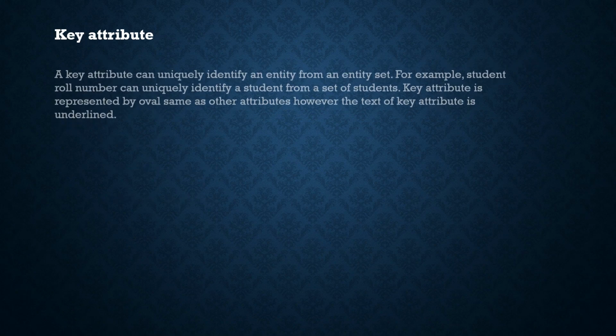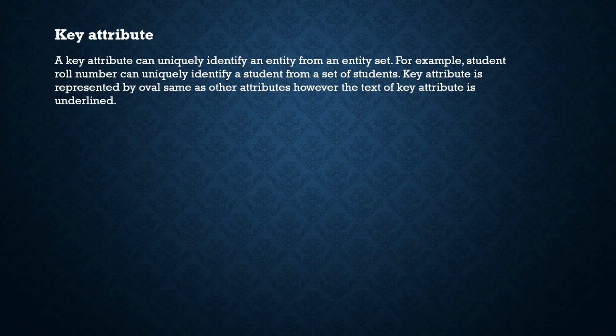See this key attribute. A key attribute can uniquely identify an entity from an entity set. Normally, a key attribute can be recognized by the underline. So a key attribute must be underlined. Here you can take an example.